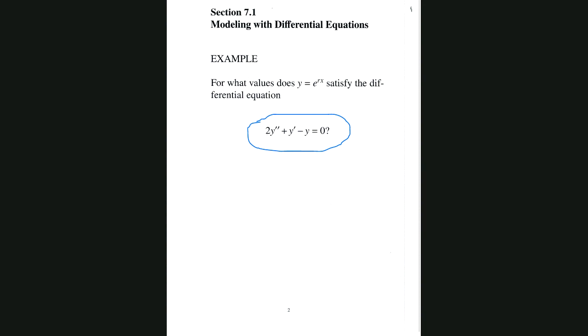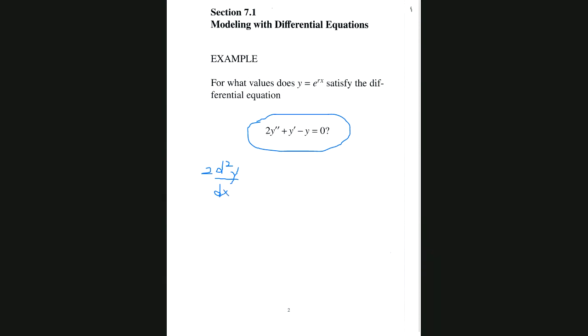And you know, y prime, we could write this in a different form, right? This is Newton's notation, but if we use Leibniz notation, we could write this as 2 times d squared y over dx squared.